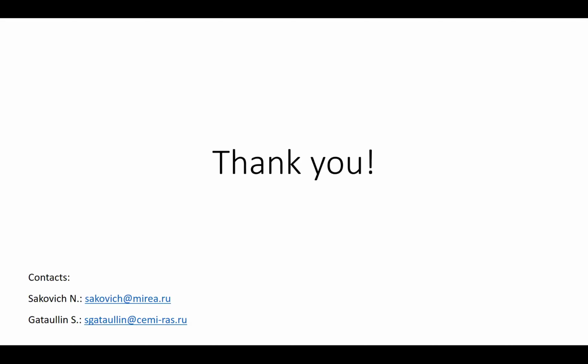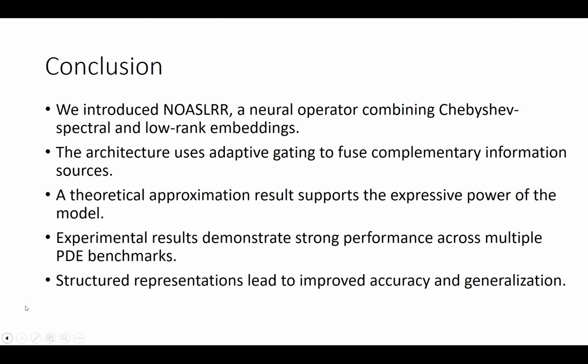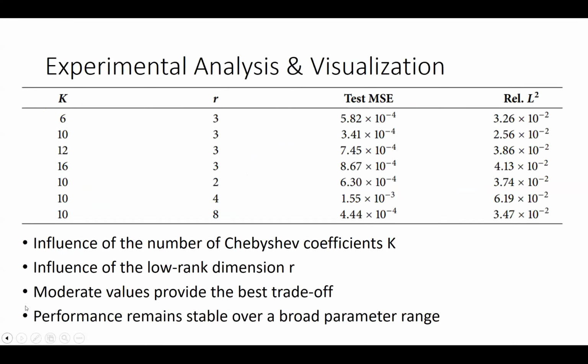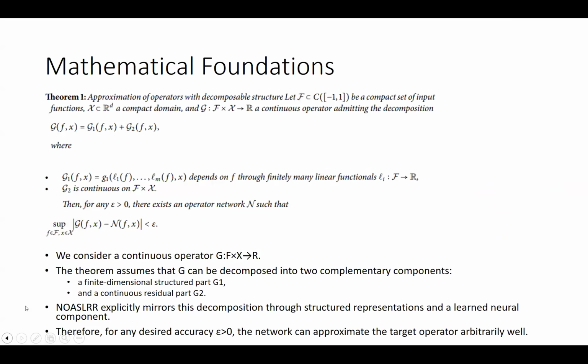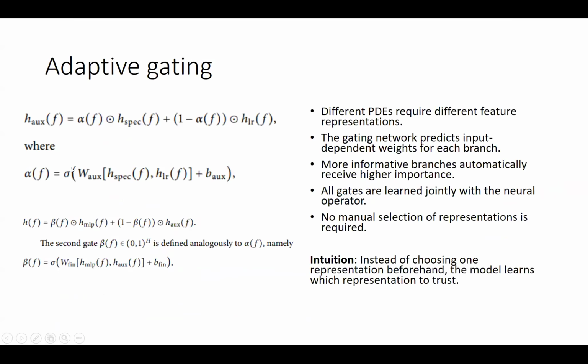Here, alpha is a trainable matrix that depends on H_spec and H_L.